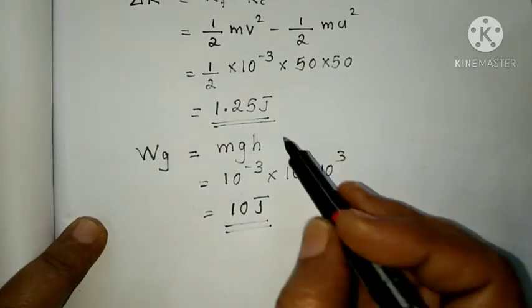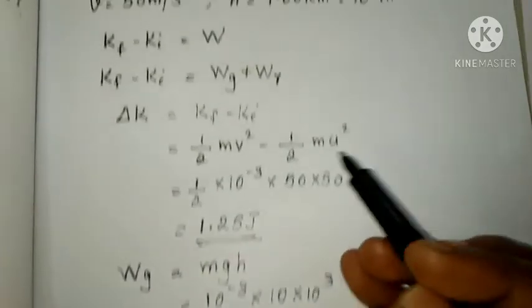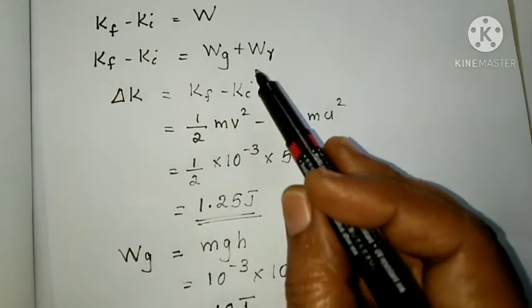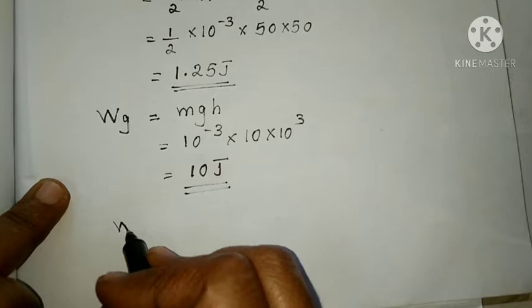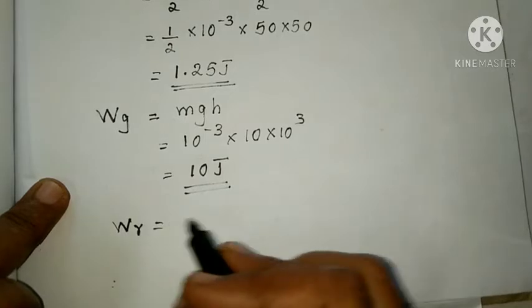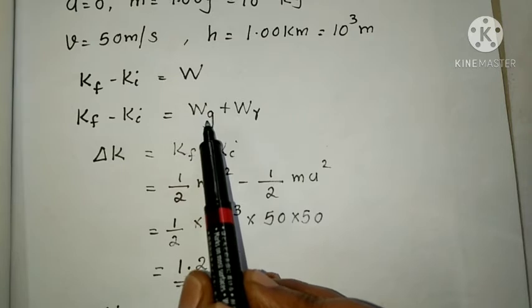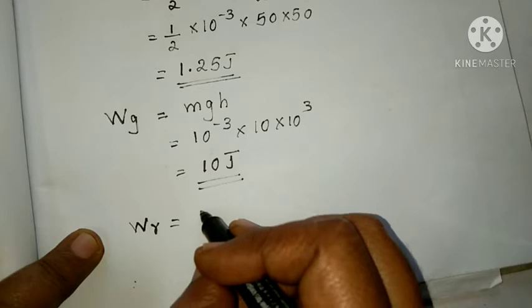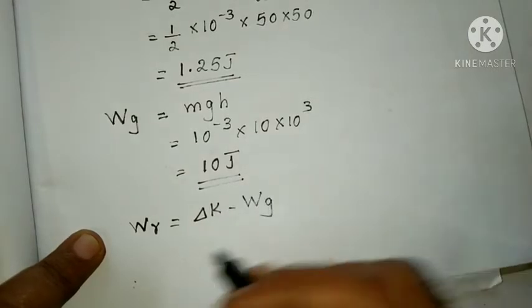If you know the change in kinetic energy and the work done by the gravitational force, you can easily find out the work done by the resistive force. Clear? From this formula, we can write Wr, the work done by the resistive force, equal to change in kinetic energy minus work done by the gravitational force, that is delta K minus Wg.